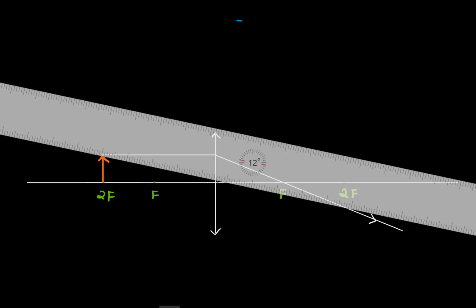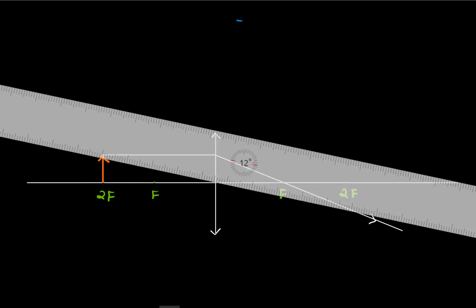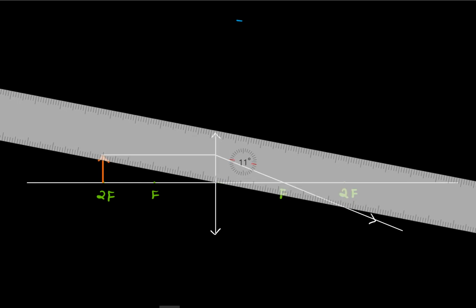I'm so sorry for being slow, but it is really difficult to draw on a screen.